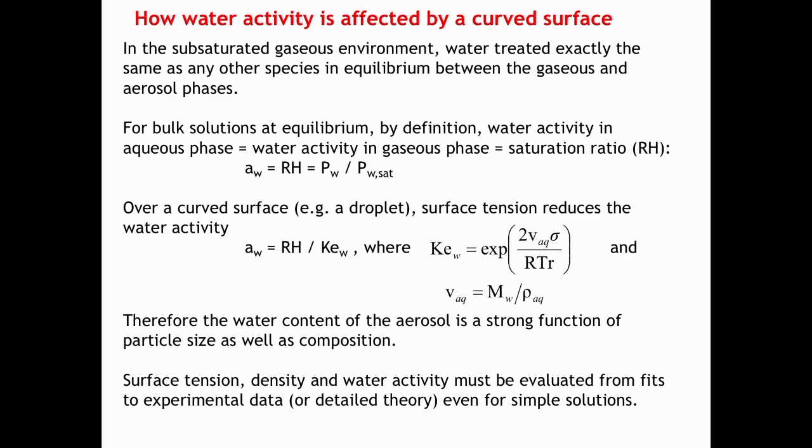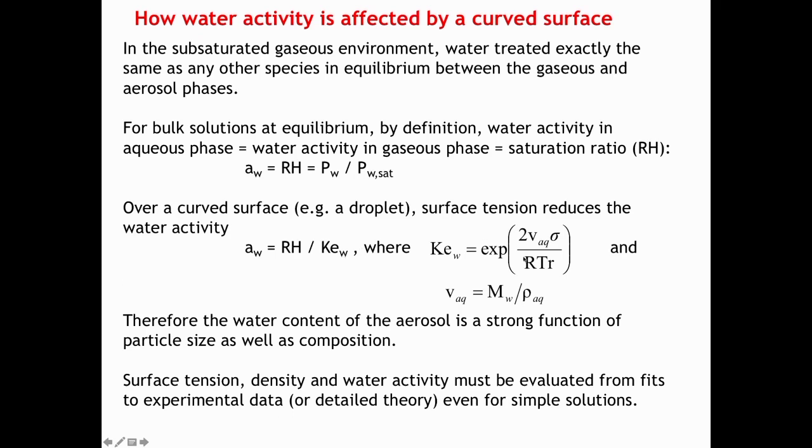So, what happens? The activity is the relative humidity, which is just the pressure of water divided by the saturation vapor pressure of water. Over a curved surface, the surface tension reduces the water activity. So the activity of water is the relative humidity divided by the Kelvin term.